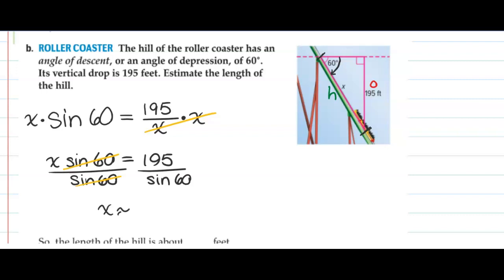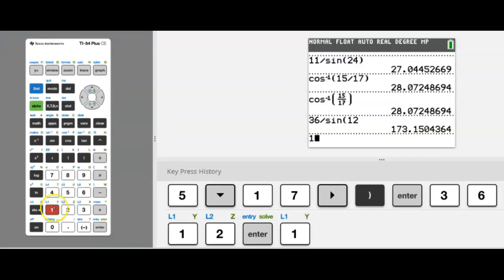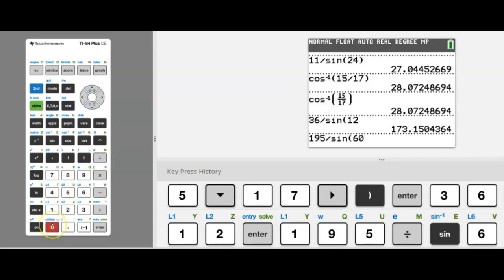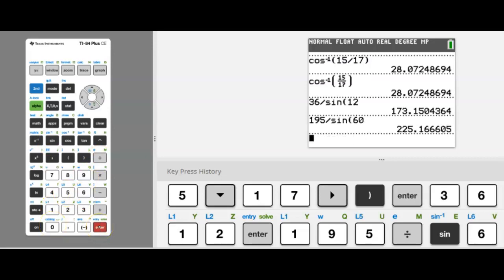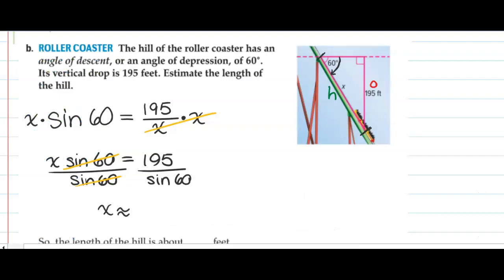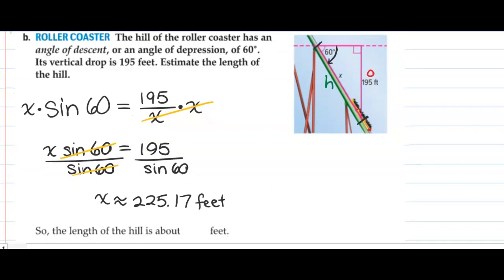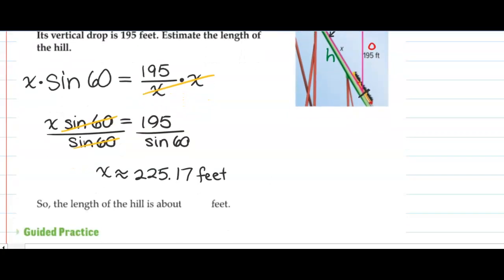So x is approximately 195 divided by the sine of 60, which gives us 225.166. We'll round to 225 feet. So another way to estimate that would be to just say 225 feet.